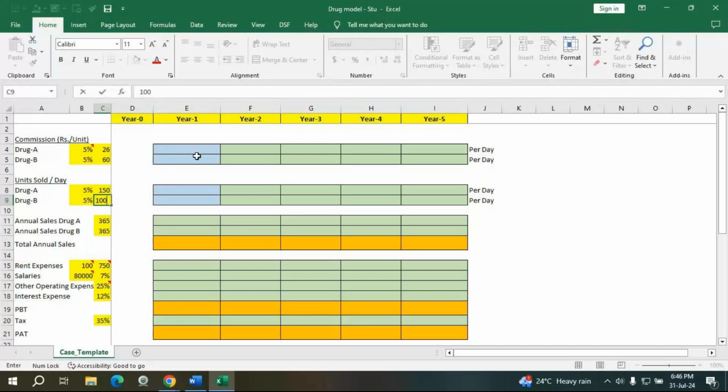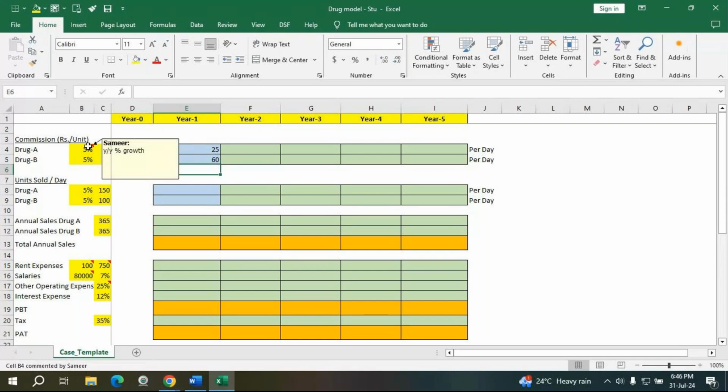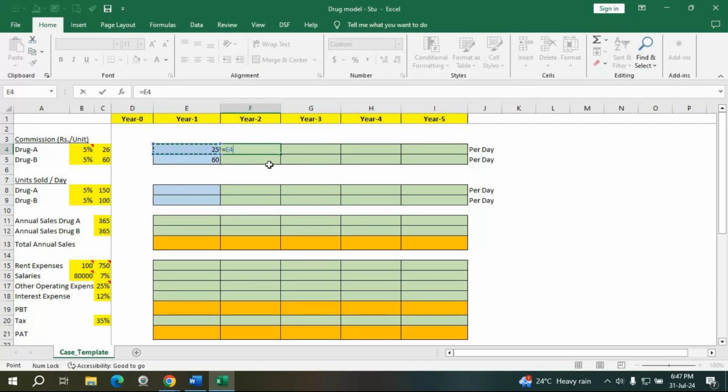Now here I'm going to take the value 26 and 60. Here they are telling that there is a percentage growth of 5%, that is previous year value into 5% plus the previous year value. Ma'am, it is on the volume, no, ma'am? Volume means units.